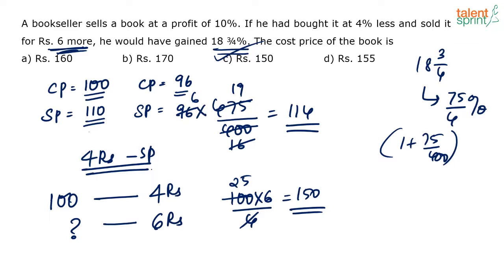Like if I sell it for how many rupees more will I get this gain? That's what I checked, and I got that if I sell it for 4 rupees more, I would have gained 18 3/4%. Now, this is the case wherein I am taking the cost price to be 100. Now, if some x rupees more becomes 6 rupees, then what should be the cost price? I just cross multiplied and got the answer as 150. The other way to solve, as I said, would be to check with the options.